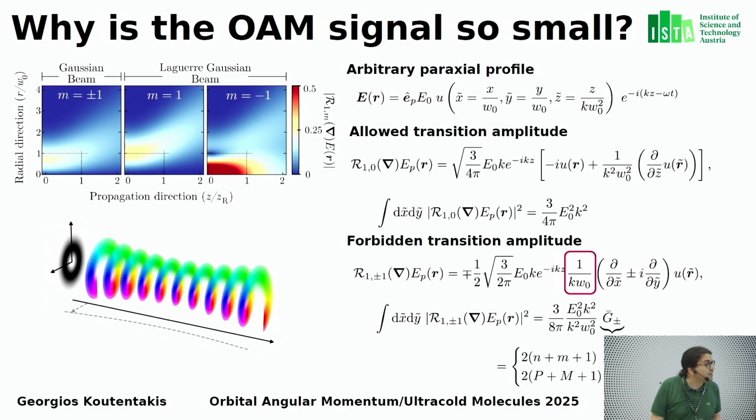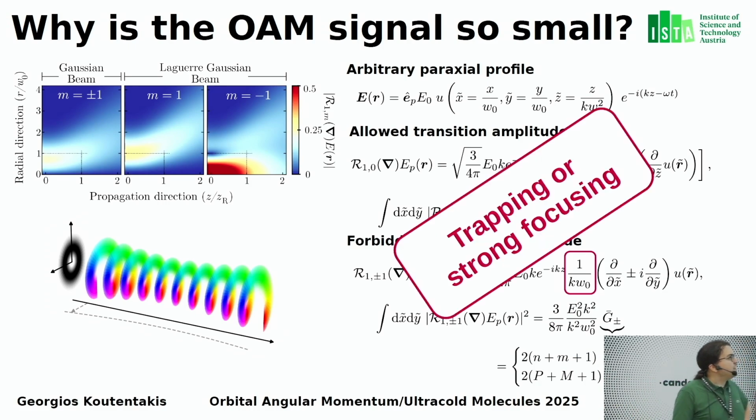So that actually tanks the signal. And then there is this term that might help us: the gradient of the field, which introduces, after averaging, this gradient factor here. But this is just the order of the beam, related to the Gouy phase. Maybe you can experimentally know what this is. And what we need is for it to be very large. In order to compensate, we need very high order Hermite Gaussian or Laguerre Gaussian modes, which are a little bit challenging.